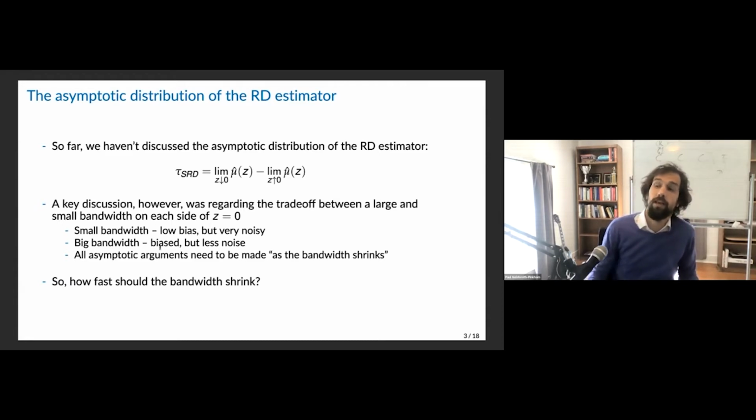The question is: how fast should the bandwidth shrink? Another way of saying that is, how big should the bandwidth be relative to our sample size? We have a number of observations and this running variable, so how big should we make the bandwidth as a function of the sample size?